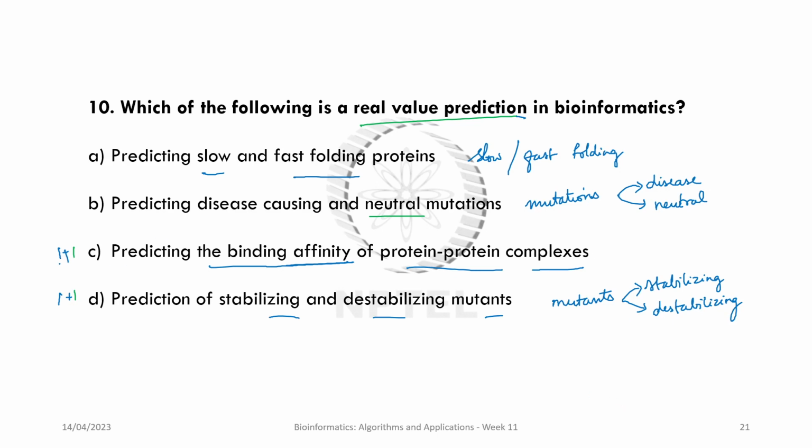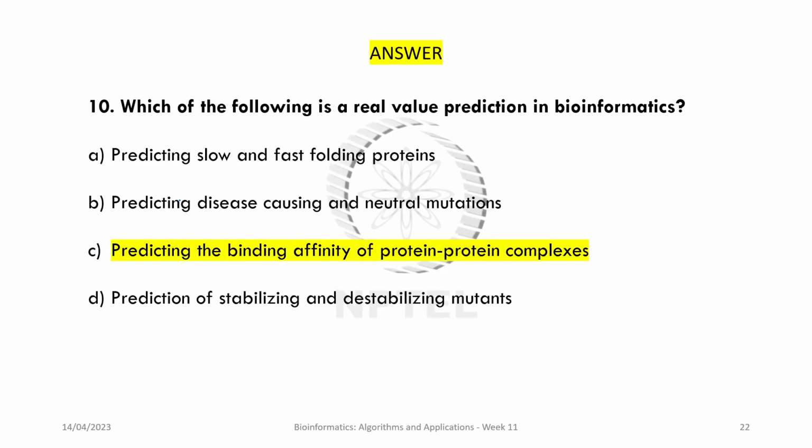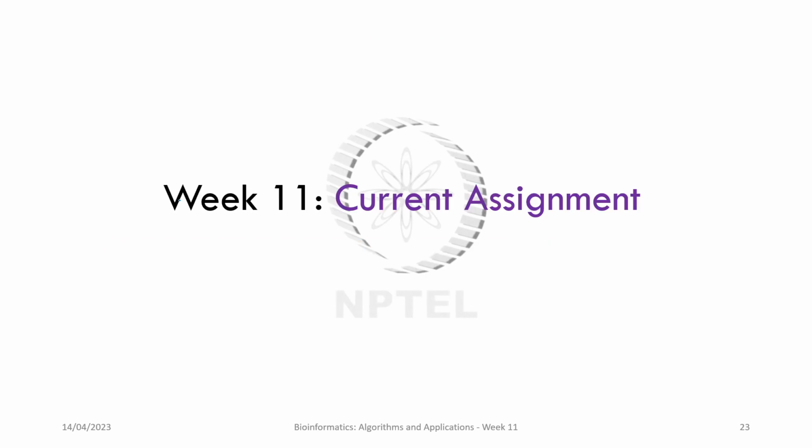So the only option which is a real value prediction is C, according to my understanding. I hope this is agreeable or not objectionable. So with that, we'll go into the current assignment.